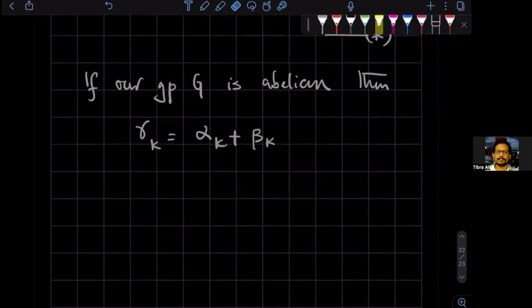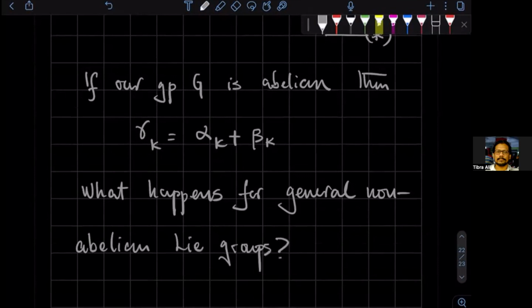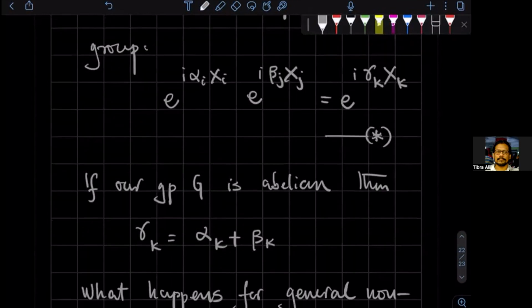So what happens for general non-abelian Lie groups? In that case, gamma is not going to have this form.